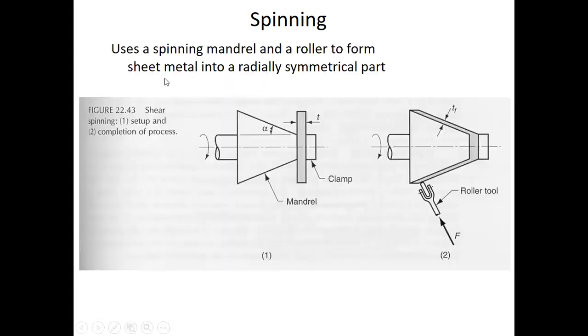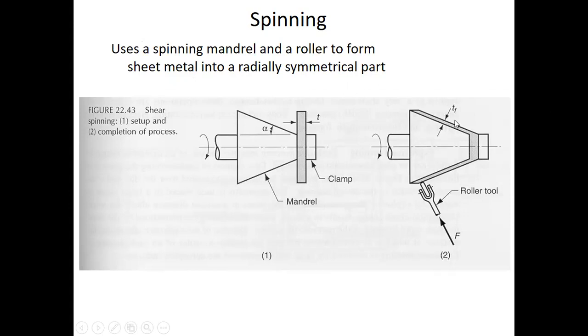Now you see, it uses a spinning mandrel and a roller. Basically, now we are using a mandrel and a roller, as we have seen, to form sheet metal into a radially symmetrical part, as we have seen. Axially symmetrical, radially symmetrical part is now being formed. The thickness is very important.